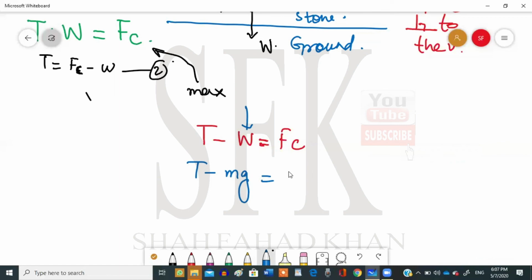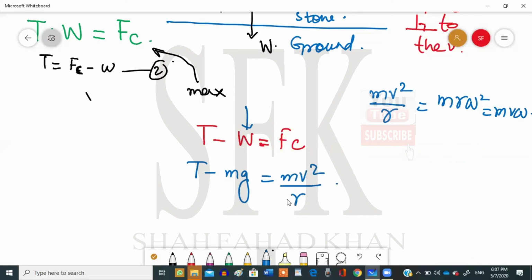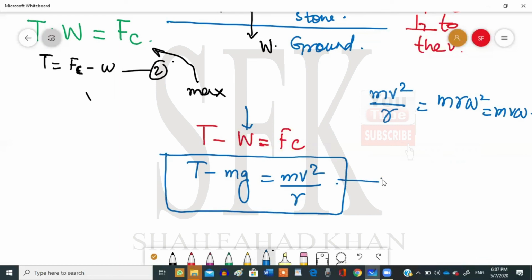What is the formula for Fc? Any of the three formulas that we just did: mv squared upon r, or mr omega squared, or mv omega. Any of those formulas. Okay, mv squared upon r. So this is one equation that you could get for the lowest position.